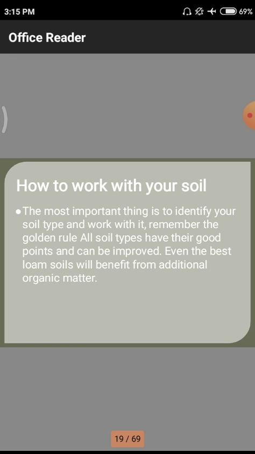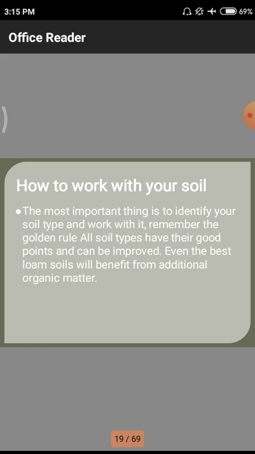How we have to work with our soil, that means how we should utilize that soil. The most important thing in the identification of our soil type and working with it is that we need to remember the golden rule. That means some important rules and basic principles we need to remember before working on these soils. All soil types have good points and can be improved, even the best loam soils benefit from added organic matter.